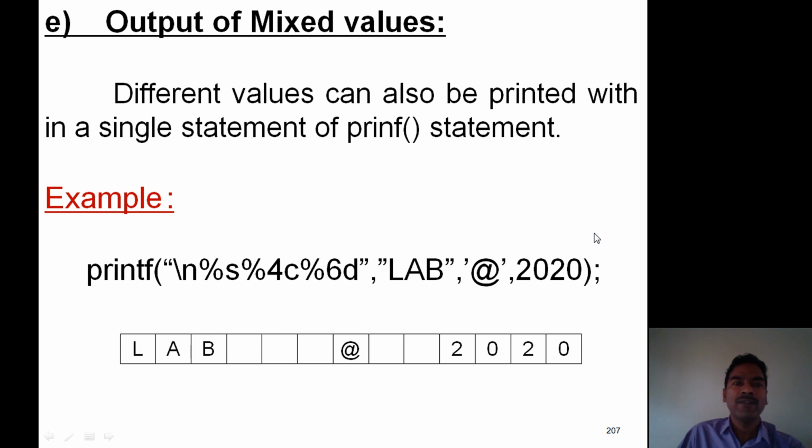So, these are the 4 types of input and output statements: non-formatted input statements, non-formatted output statements, formatted input statements, and formatted output statements. Okay. So, the input and output statements concept is completed. I hope all of you understood this concept.